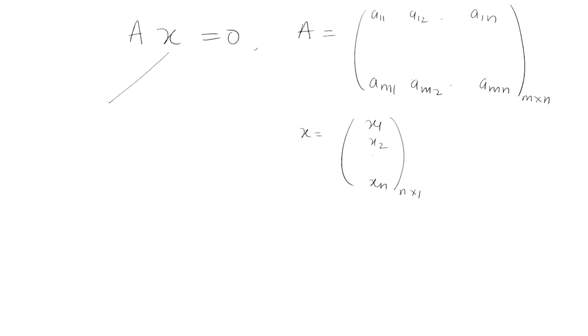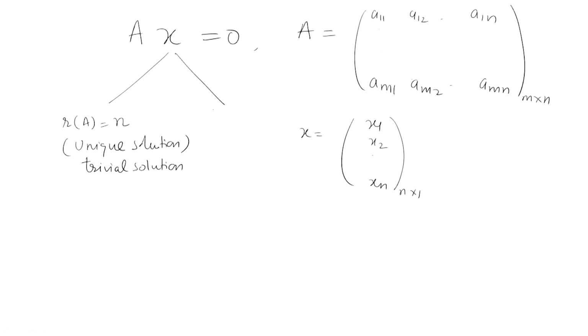It will have a unique solution, that is the 0 solution or the trivial solution, when rank of A is equal to the number of unknowns.